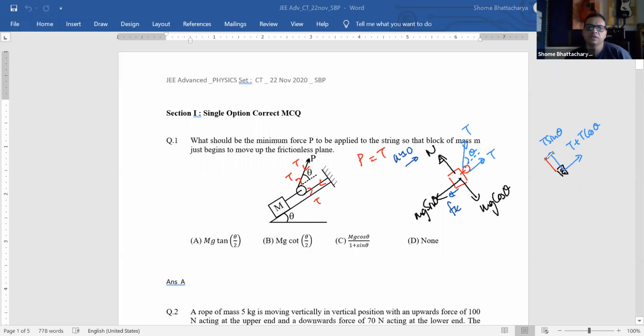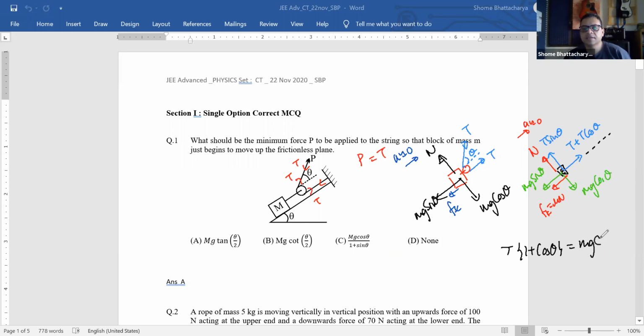Then you have normal reaction, and then you have the components of weight, mg cos theta, mg sin theta, and you have kinetic friction equal to mu n, and the acceleration is tending to zero. So acceleration is tending to zero means along this axis, your x-axis, the forces are just about balancing. So T into 1 plus cos theta is becoming equal to mg sin theta.